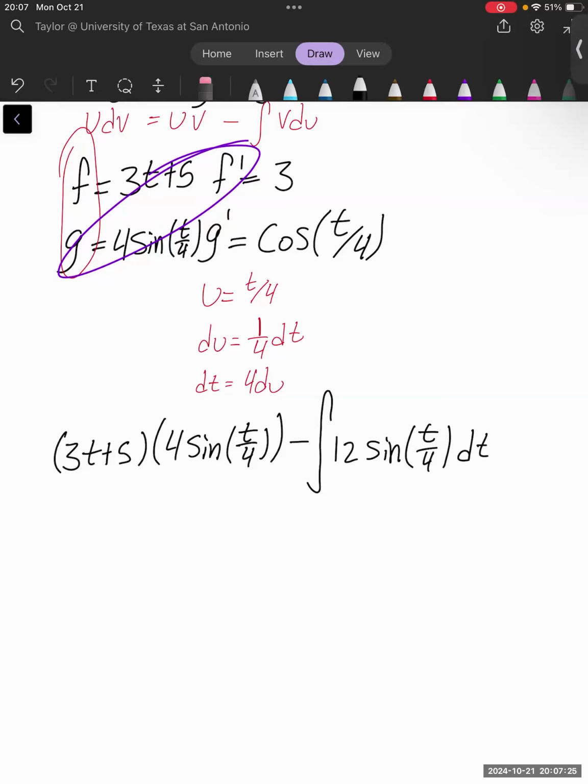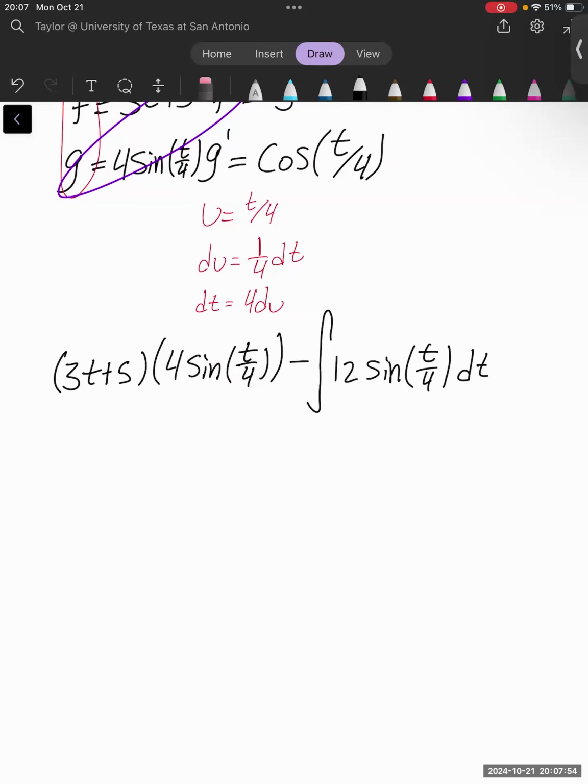but this time it is not so bad. Pause, sorry. My mistake, got a little ahead of myself there. Not integration by parts, we're going to do u sub again. So u equals t over 4.